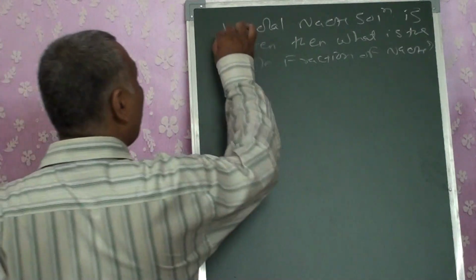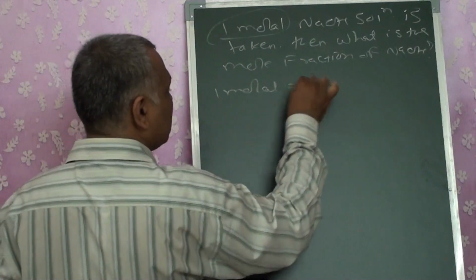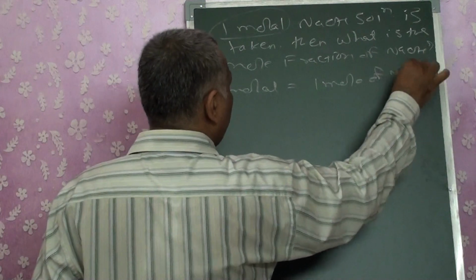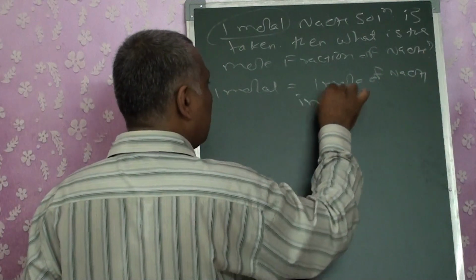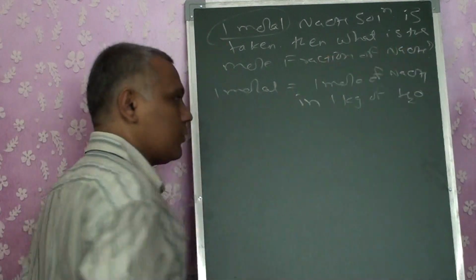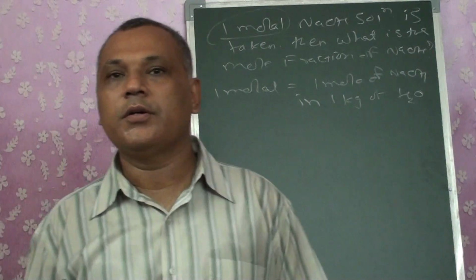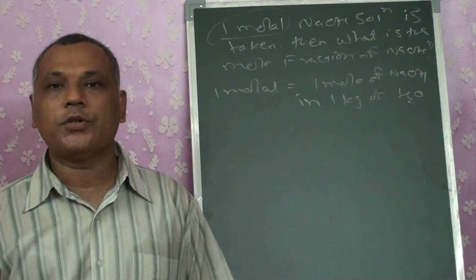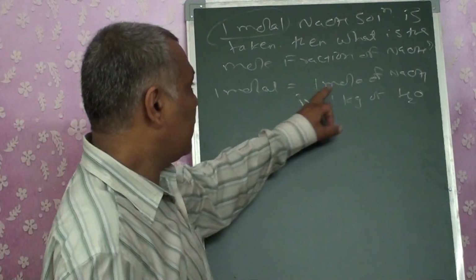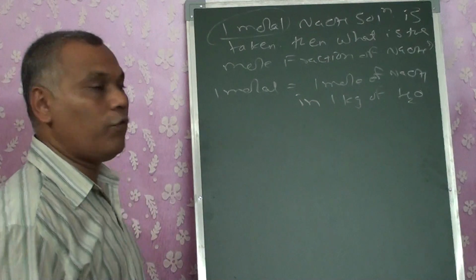What does this 1 molal indicate? 1 molal means 1 mole of NaOH in 1 kilogram of water. As per the definition we wrote, moles of solute dissolved in a kilogram of solvent. So it's 1 mole of NaOH dissolved in 1 kilogram of water.